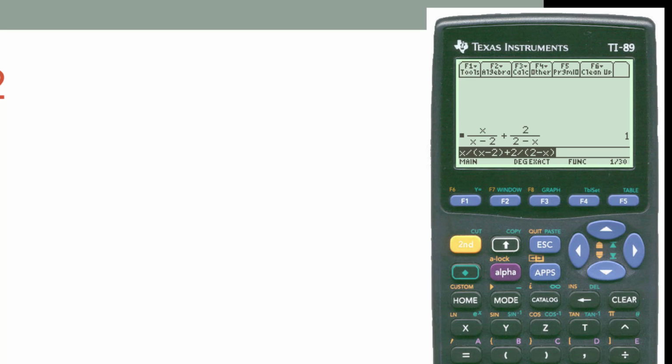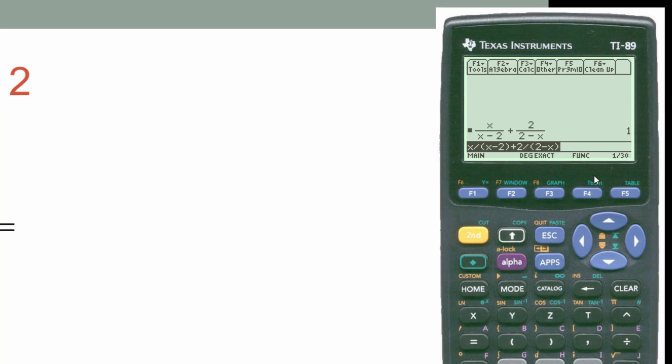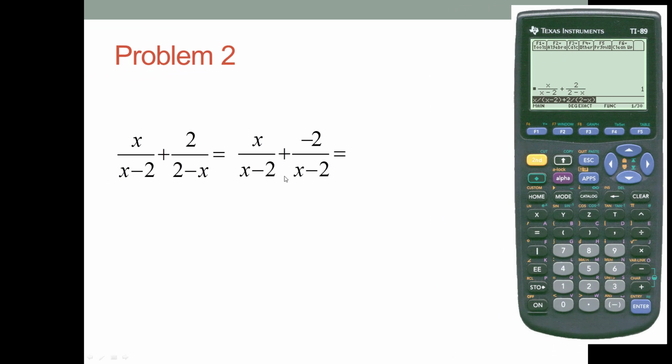Hit enter here and it gives me 1. There's the modification we made to get the same denominator, and we got 1. Okay, checks out.